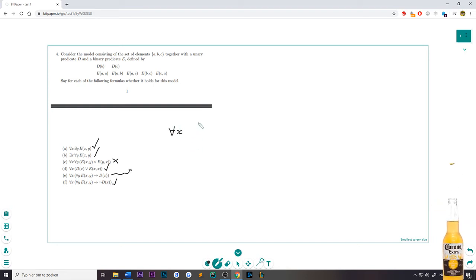For all x, so there may be A, B, and C. It's saying that for all x, we have that for all y, if there is xy, then there's also dx, okay? So now let's say we take B as x, okay?